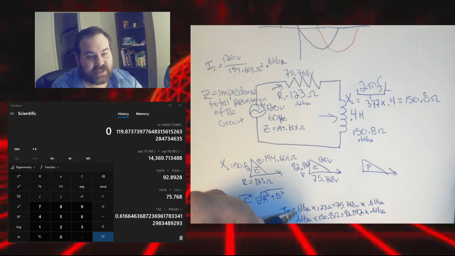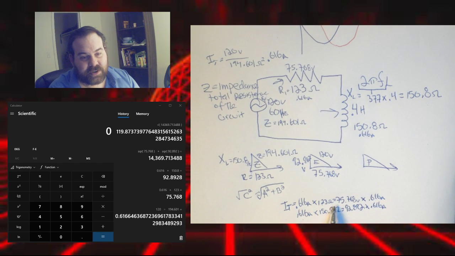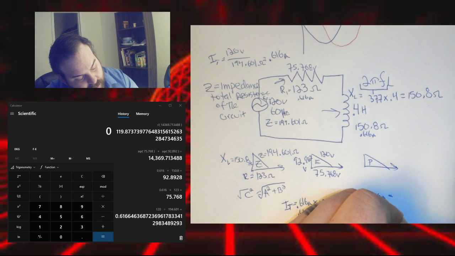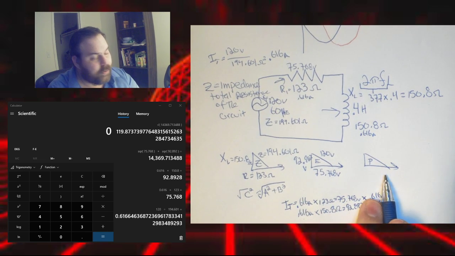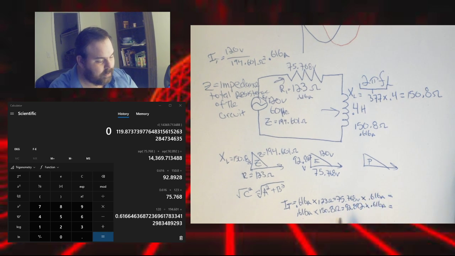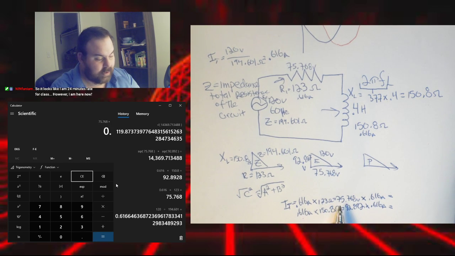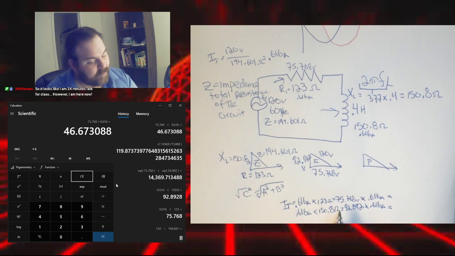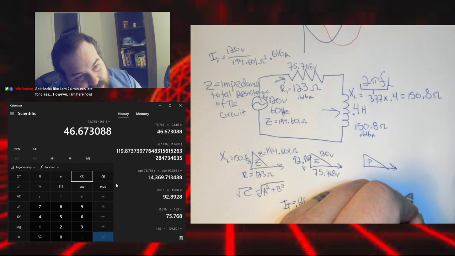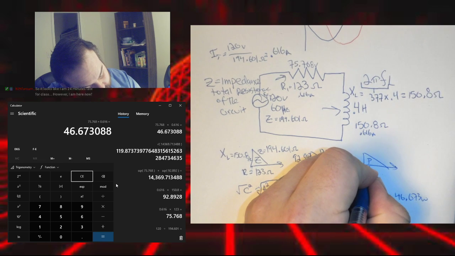So 0.616 times the resistor gave us voltage, times our amperage is going to give us our power. First we're going to do the resistor, because that's what we've been doing this whole time. 75.768 times 0.616 amps gives us 46.673 watts.